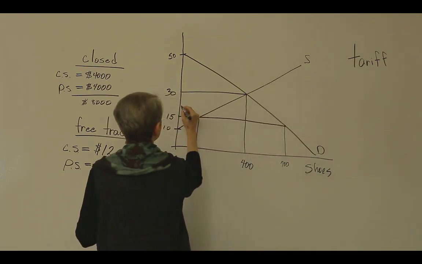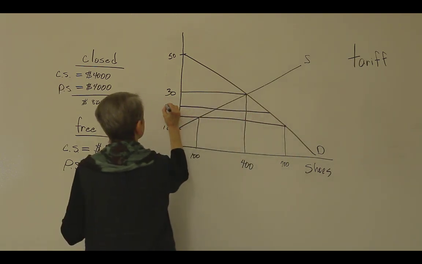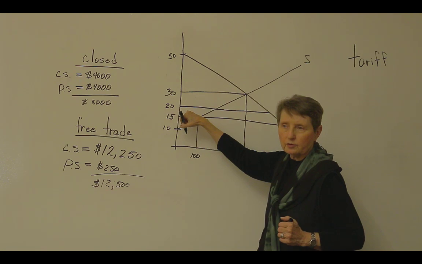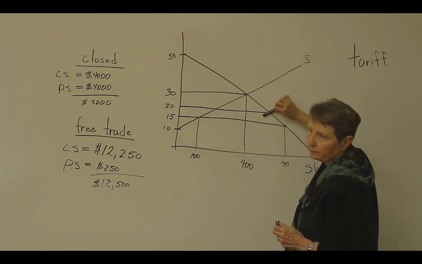So here's my new, let's just make it $20 because we've increased the price $5 with this tariff. So my new supply curve, instead of being here, is now here.